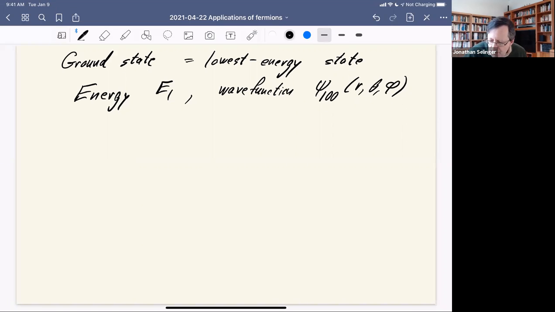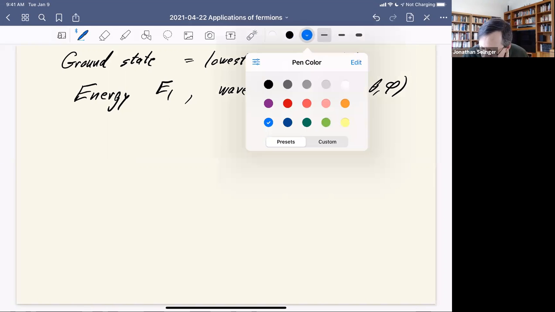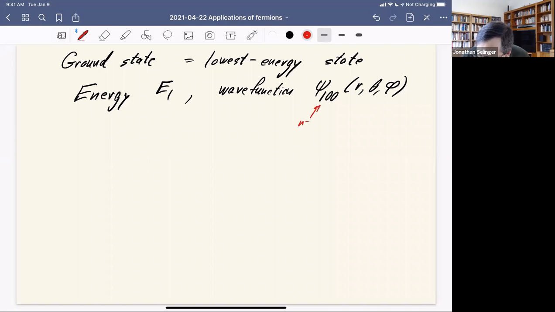You notice that this is not one hundred. This is 1, 0, 0, and I'm just leaving off the commas the way that people do. That means that n equals 1, L equals 0, and m equals 0. So this is the ground state for a single electron.